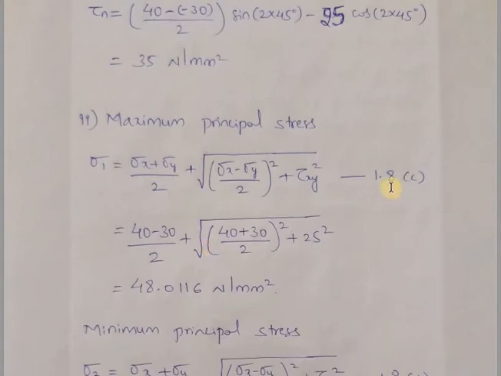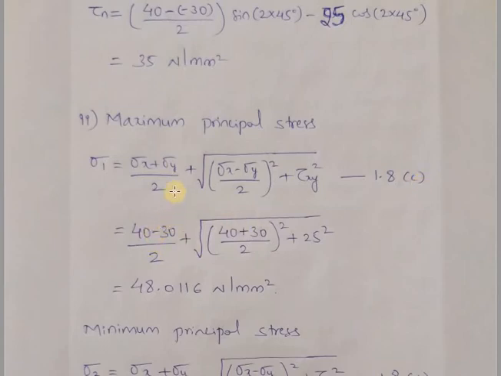So from equation number 1.8c, we have sigma 1, the principal stress, equal to sigma x plus sigma y divided by 2 plus root of sigma x minus sigma y divided by 2 whole square plus tau xy square. Again substitute the values of sigma x and sigma y.